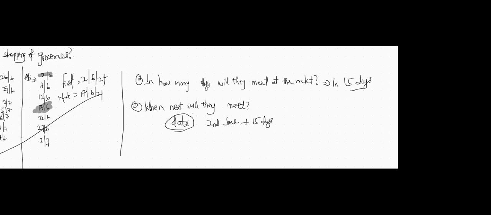For the purpose of this question, the examiner was asking when next would they meet, and that was why we had the answer 17th June, 2024. Is it okay now? Yes, please.